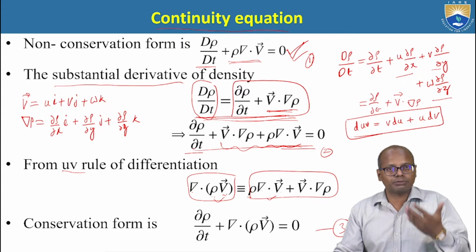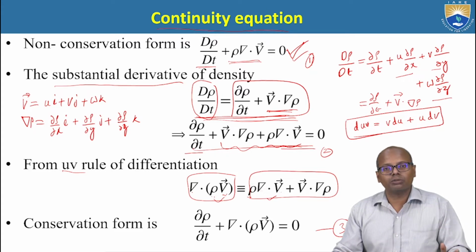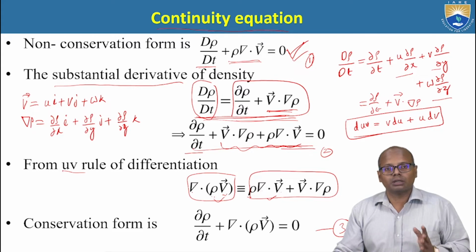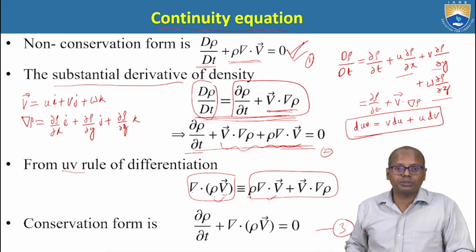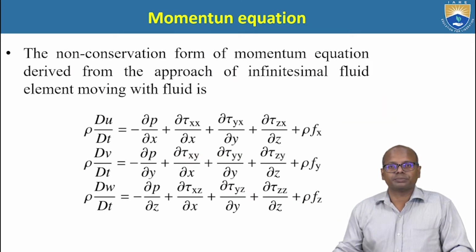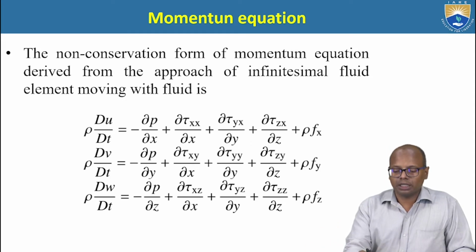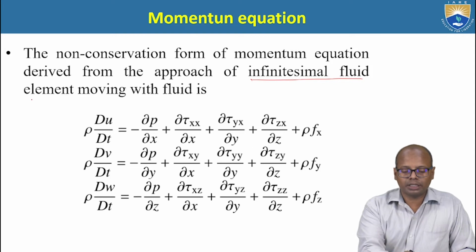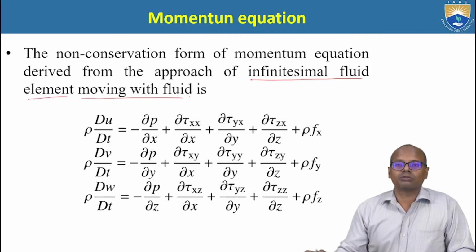Now this is the first governing equation. We have two more governing equations. The other one is a momentum equation. The third one is the energy equation. So possibly we will take up one equation in this class, that is the momentum equation. Now as I said, the model which we use here is an infinitesimal fluid element moving with the flow.